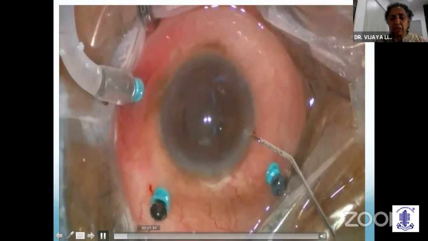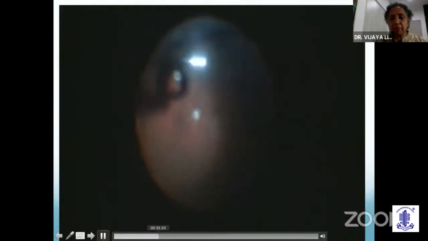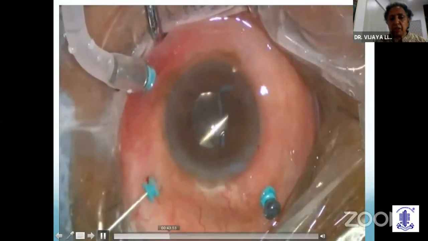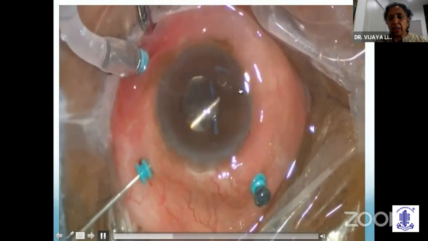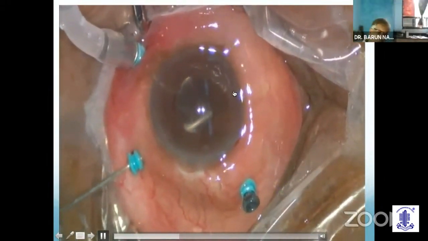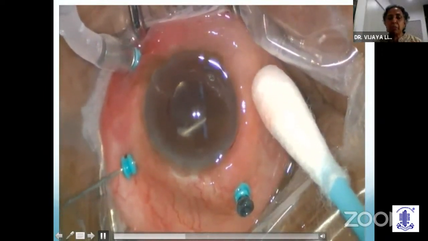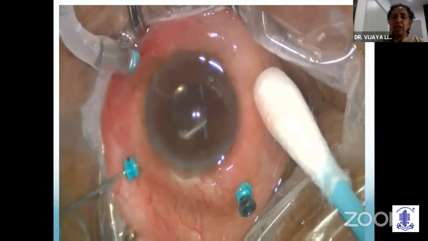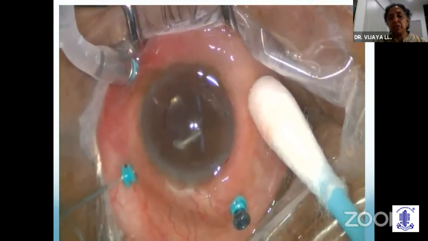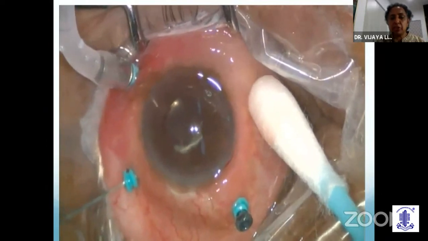You can see that after the vitrectomy, what is done here is, I will just forward it, you can see creating an opening in the iris and removing the capsule and establishing a communication between the posterior chamber and the anterior chamber. So you are converting the eye into a single chamber. Unless you do this step, relapse of the aqueous misdirection is likely to happen. So whenever you deal with a surgery like this, it has to be done.